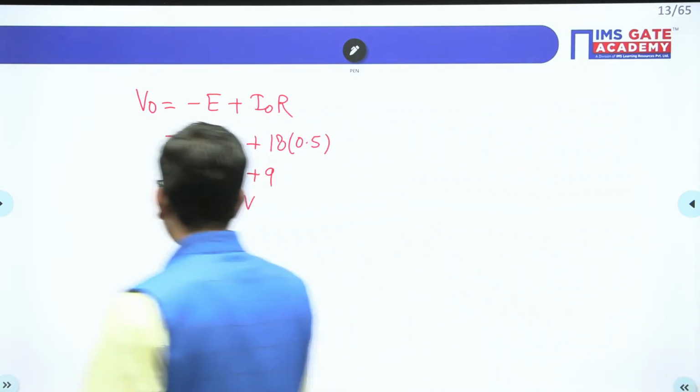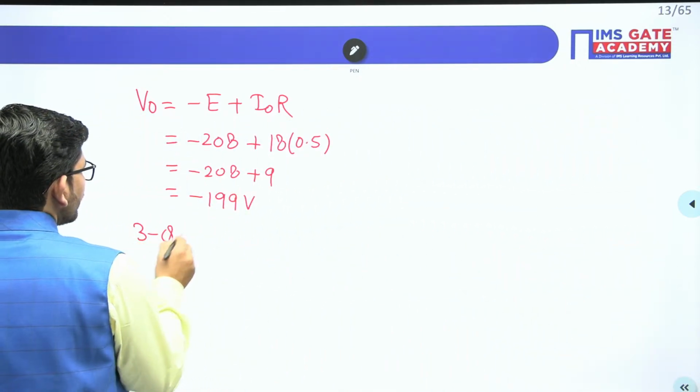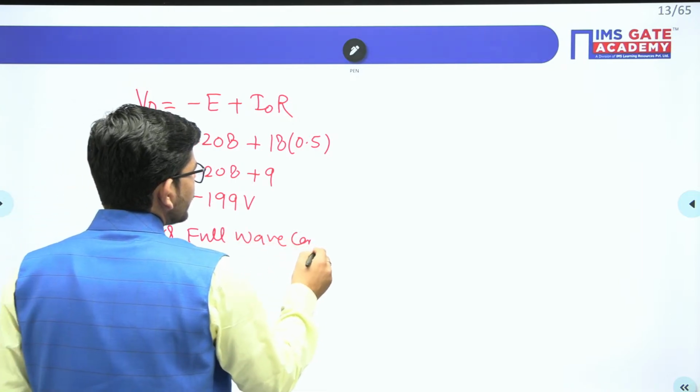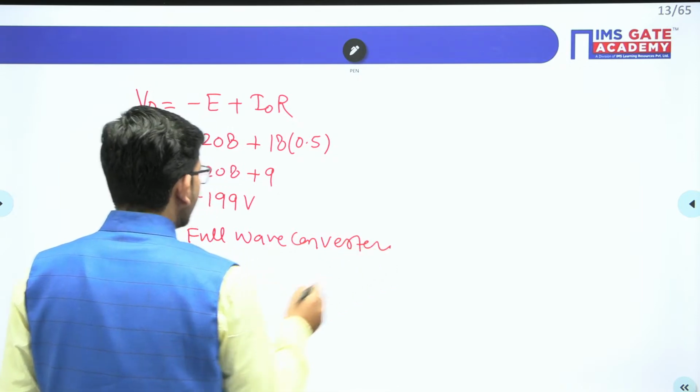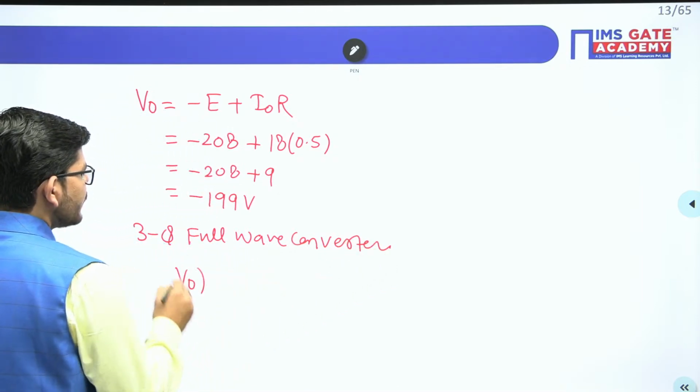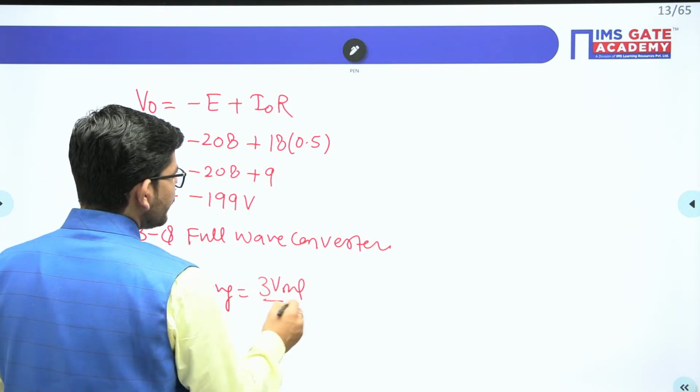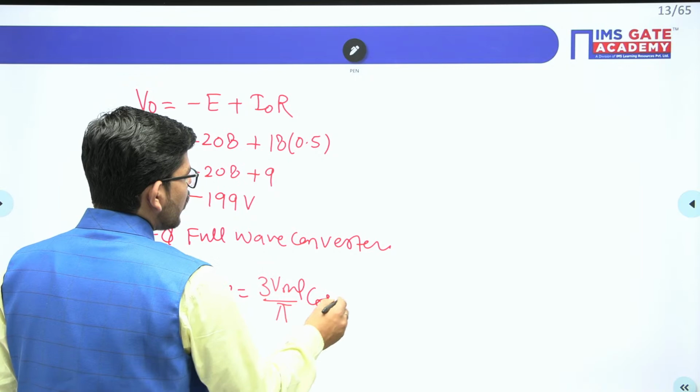Now for a 3-phase full wave converter, we know that the output voltage average value is 3 VML upon pi cos alpha.